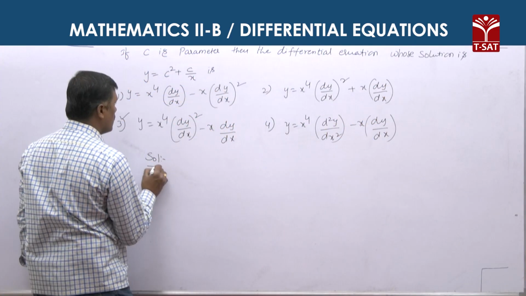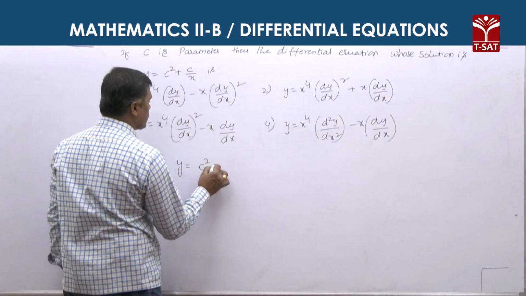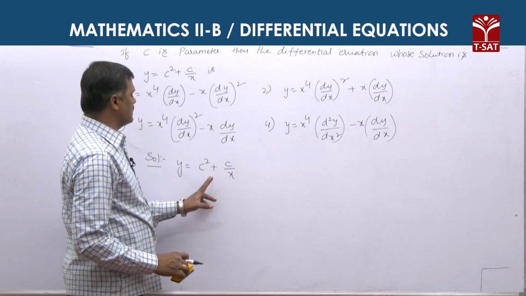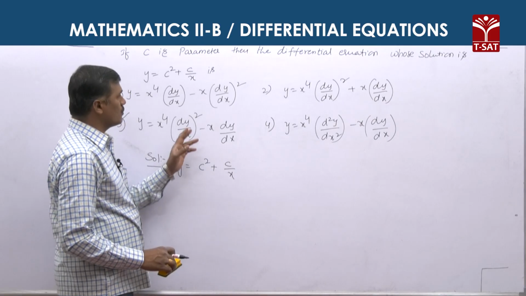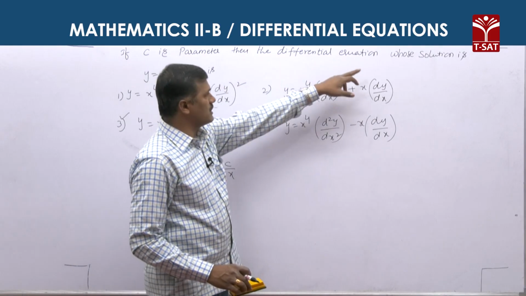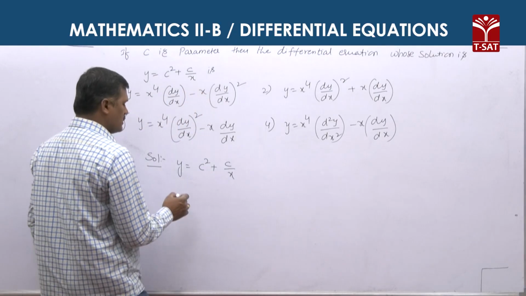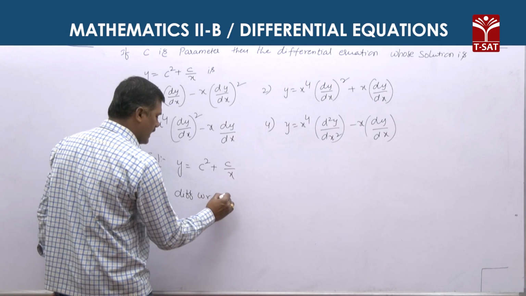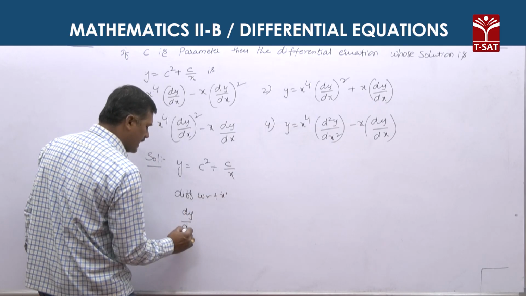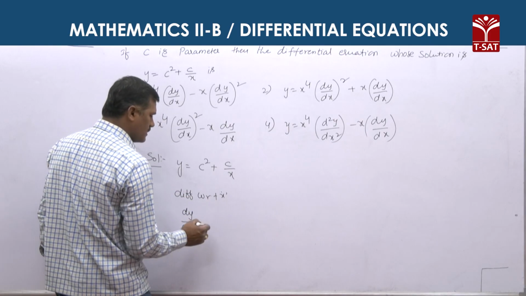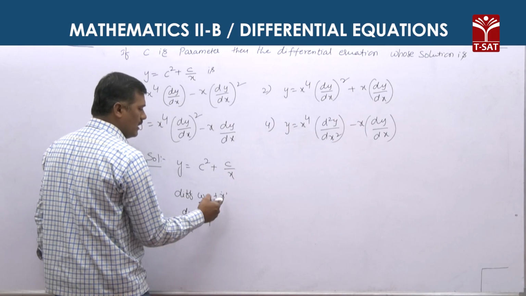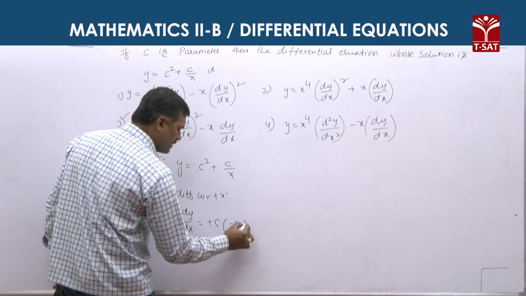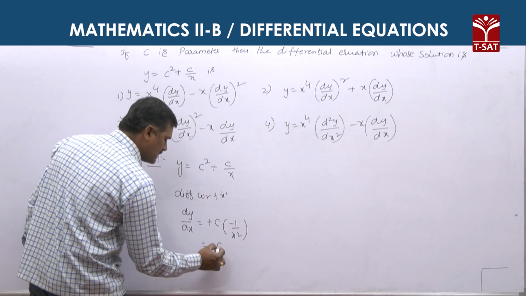Solution: given y is equal to c square plus c by x. Here c is the parameter, a single parameter. So now we differentiate to form a differential equation. Differentiating with respect to x, on the left side we get dy by dx, which is equal to the derivative of c square, which is a constant, plus the derivative of c by x, which is c into minus 1 by x square, that is minus c by x square.